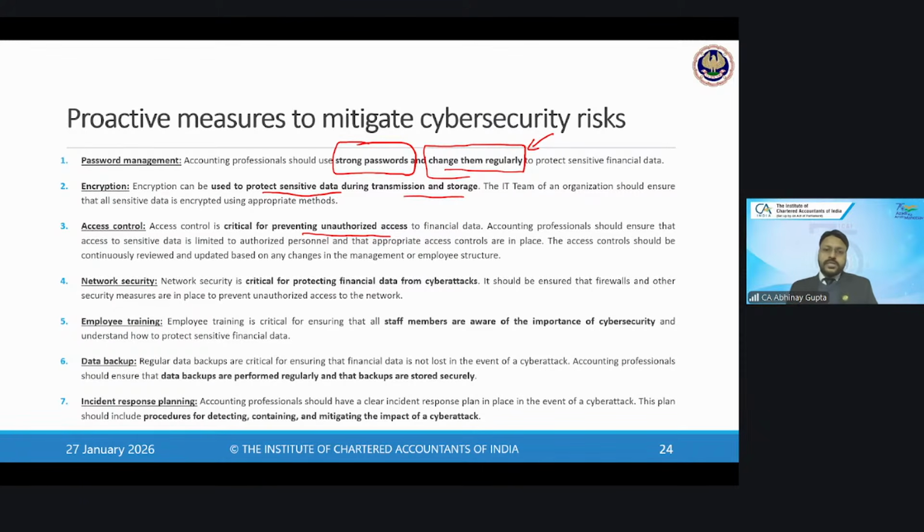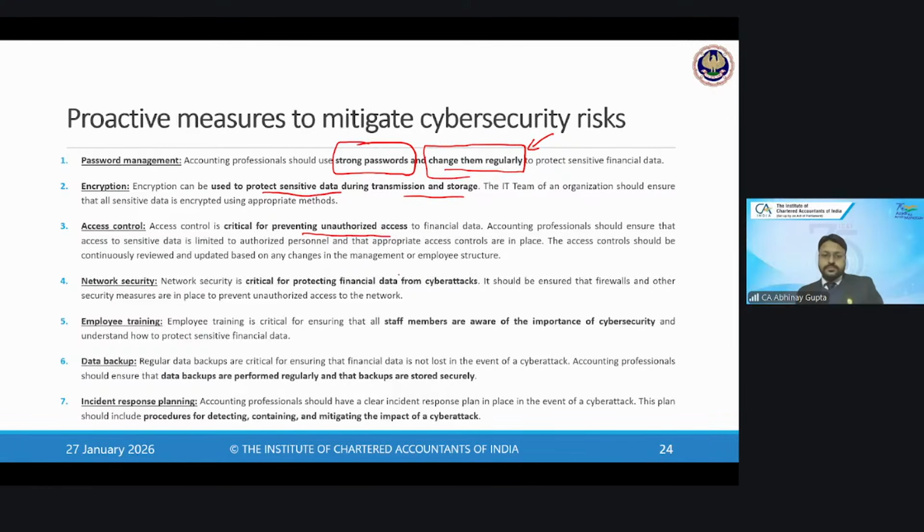If you see the notification on your Gmail that somebody is trying to log in to your Gmail, and if it is not you, then what will you do? Will you allow or disallow? Disallow. Right, so that is the access control feature which we can have.